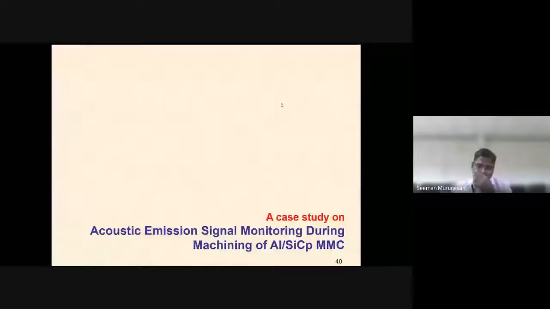The second case study is acoustic emission signal monitoring during the machining of aluminum silicon carbide particulate metal matrix composites. This is my PhD. I am doing my PhD on tool wear monitoring using acoustic emission during composite machining.